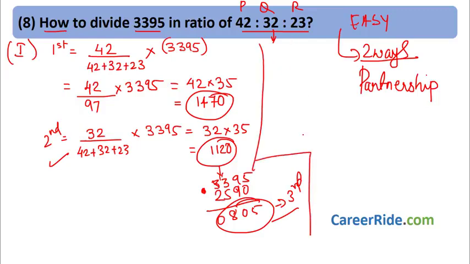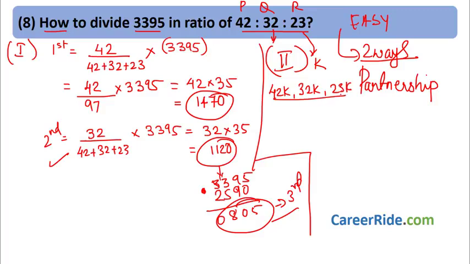Now let's move to the second method using the techniques which we have seen right now. Here it is the ratio, it is not the actual value, we have to find the actual value. So how to find the actual value? Let us assume the common factor to be k. So the actual values are 42k, 32k and 23k.